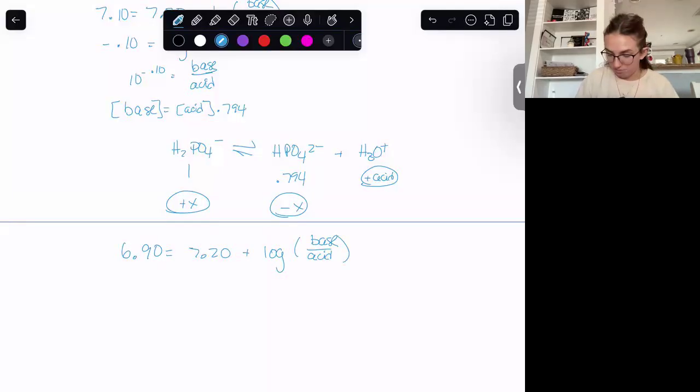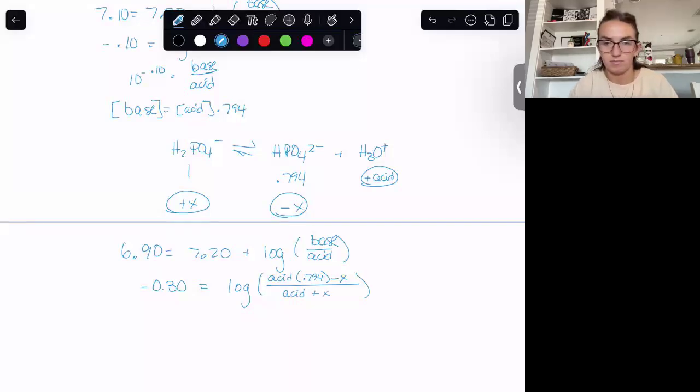But this time we have negative 0.30 equal to the log of your acid times 0.794 minus X over your acid plus X. Does that make sense?